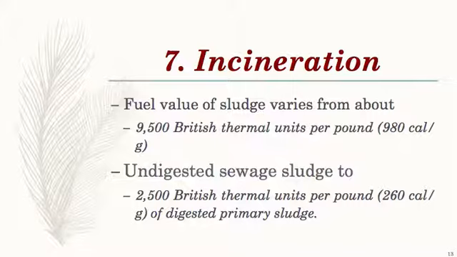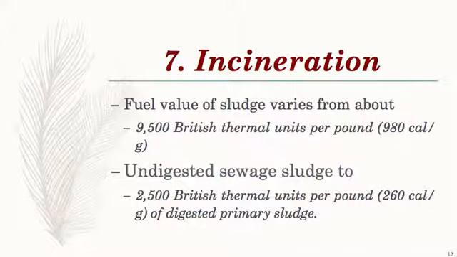Incineration of the sludge is less common because of the air emission concerns and the supplemental fuel required to burn the low calorie value of the sludge and vaporize the residual water.